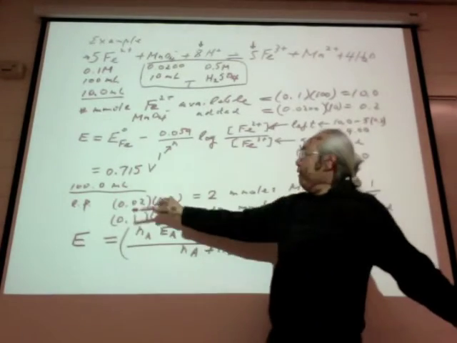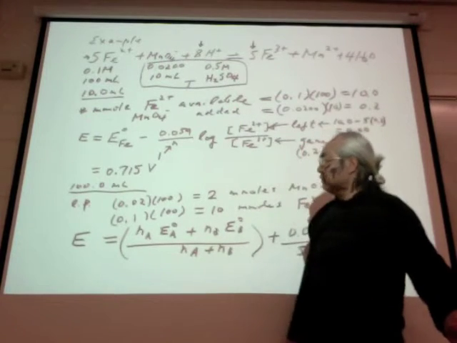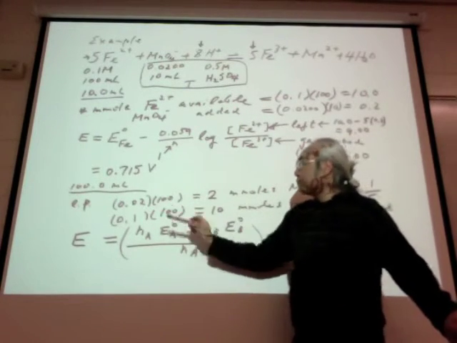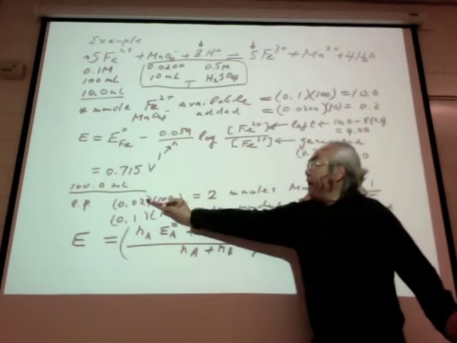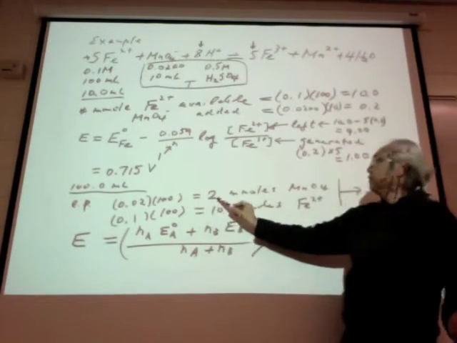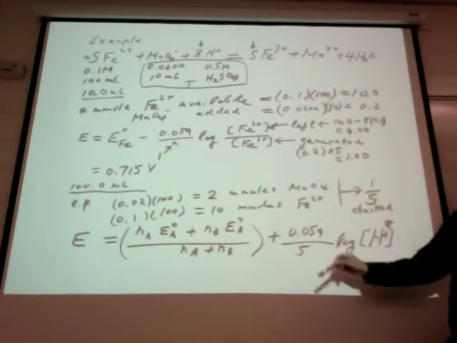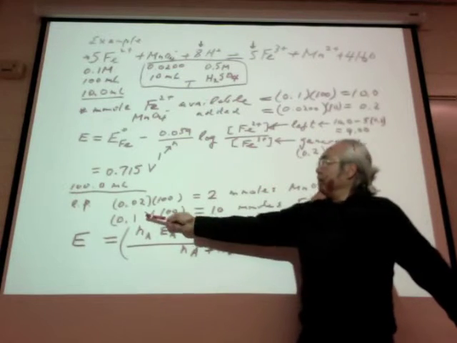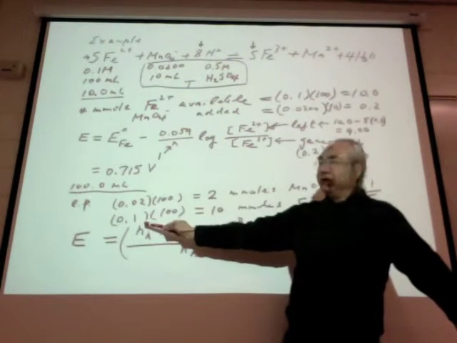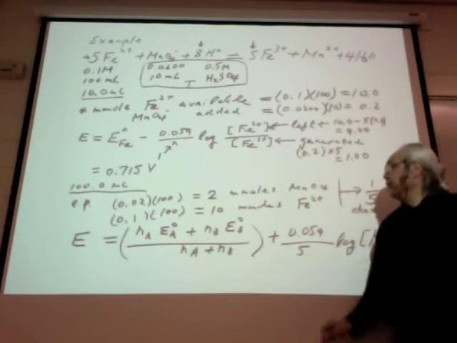Now, after 100 mL of the titrant, this is going to be tricky. Okay, so 100 mL of the titrant, you're going to have that many millimoles added. Then the initial quantity for the Fe2+ is equal to 10 millimoles.